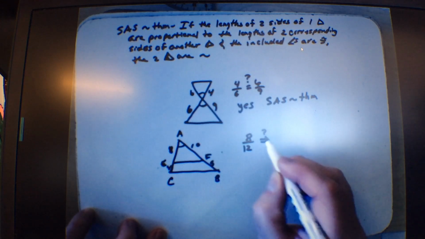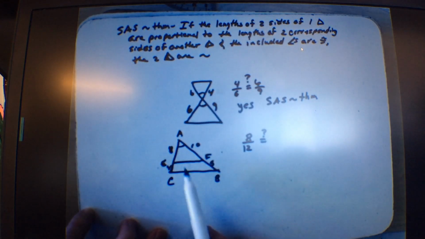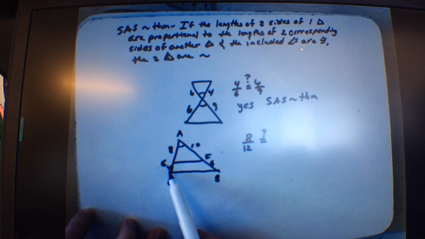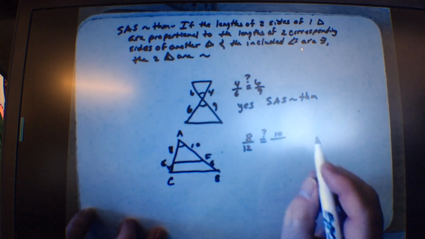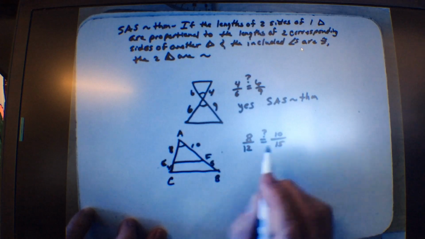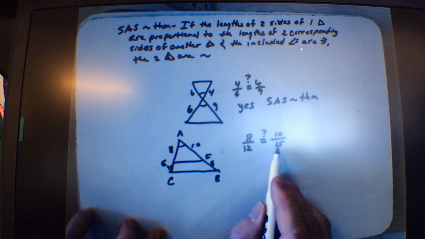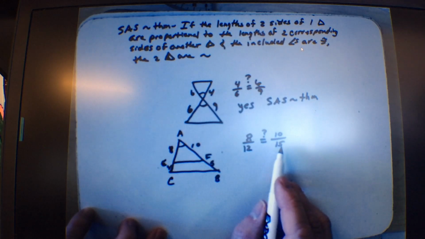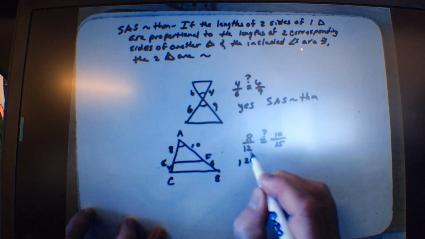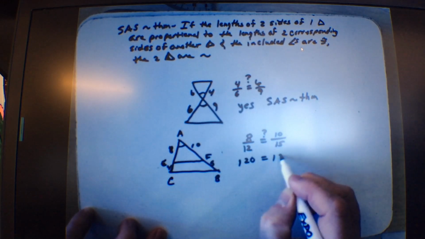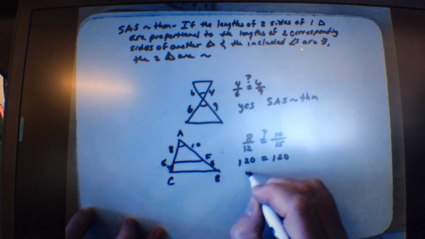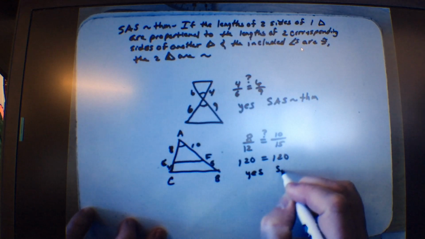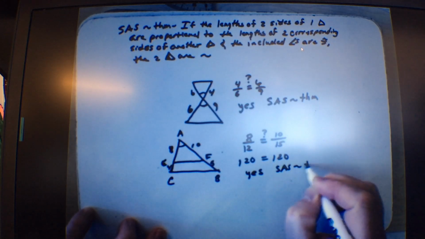Do you see where we got 12? You take 8 plus 4, right? Does that equal 10 over what? 15. So 8 times 15 is what? 120. And 12 times 10 is? 120. Now, so we want to say the two triangles, so this is yes, by the SAS similarity theorem.